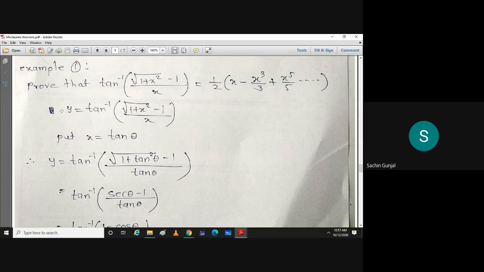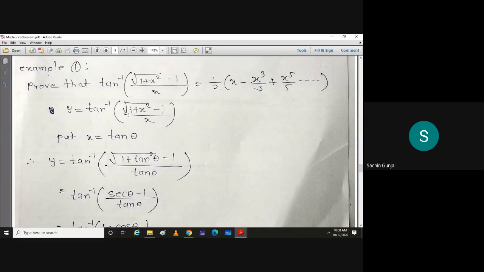Of course, the direct expansion is not possible because you can see this function is too complicated. So we need to simplify it. For simplification, your substitution is x is equal to tan theta.